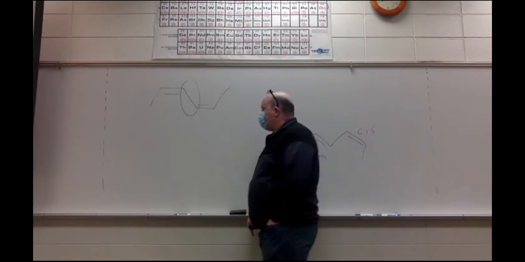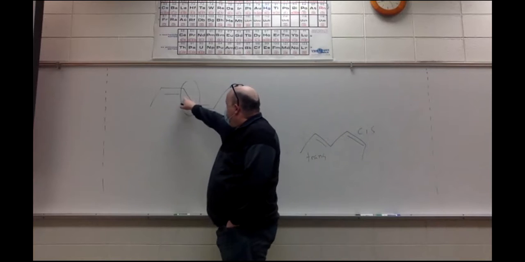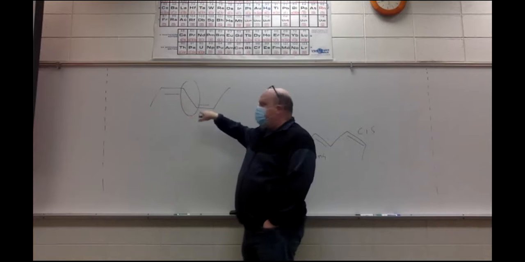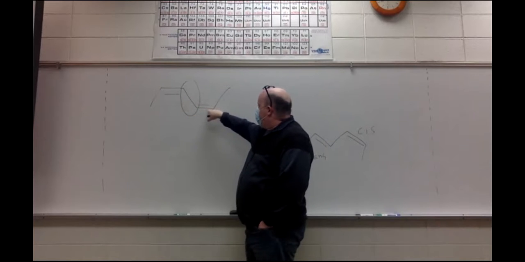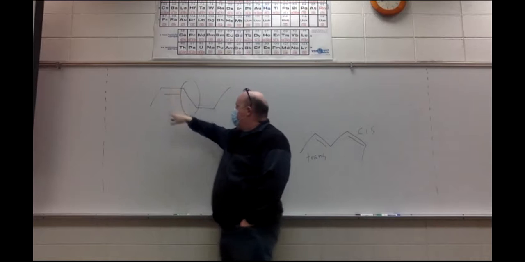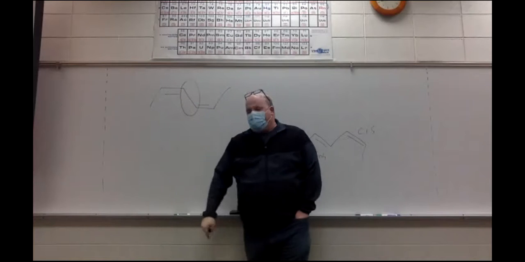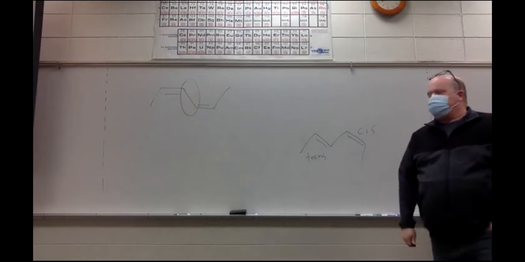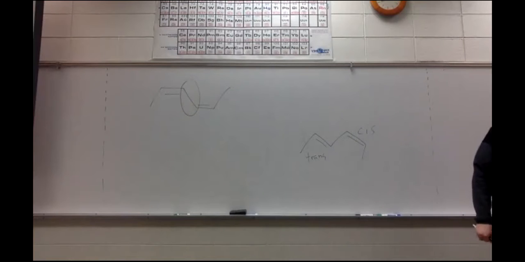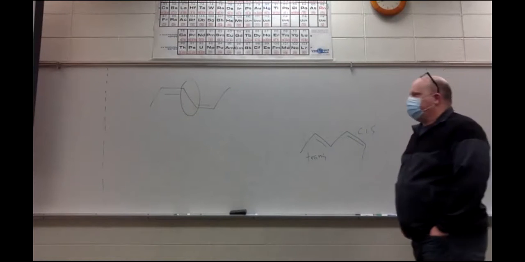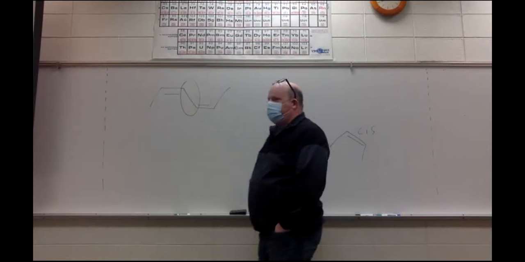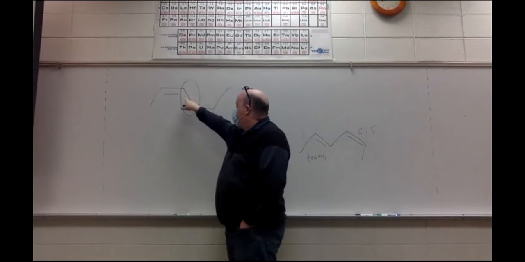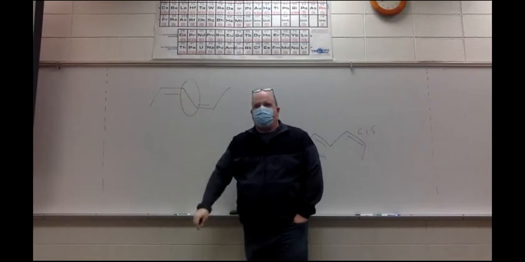As an example, let's look at the relationship here. If you had to describe how this bond and this bond are arranged around the single bond, how do you think they would be arranged? Does that look like more of a cis or a trans relationship? You're looking at how these two bonds are arranged around this one.